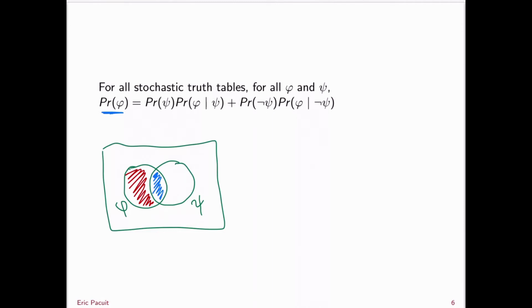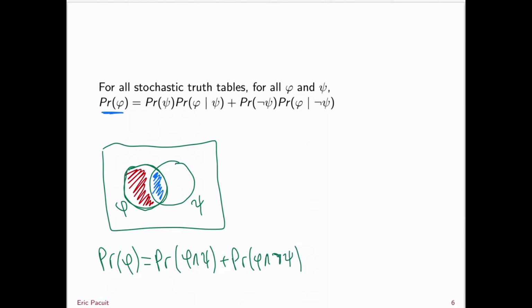And we know, given a previous formula, that the probability of phi is equal to the probability of phi and psi plus the probability of phi and not psi. So the probability of this phi region is the probability of the red region plus the probability of the blue region. So we see that the probability of phi can be written this way.